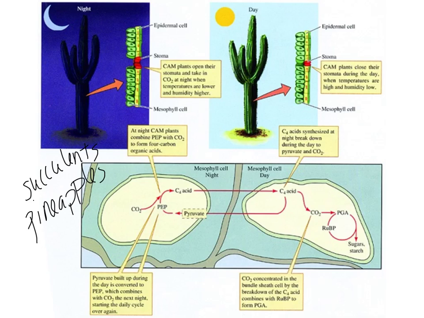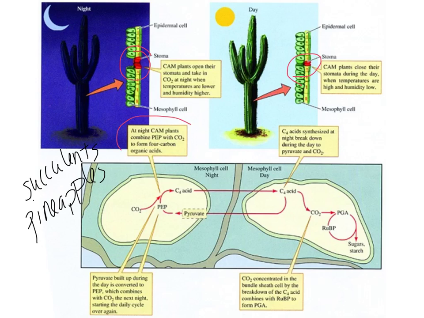So I've got my CAM plants here at nighttime opening up the stomata, allowing CO2 to come in. Humidity's a little higher, temperature's a little lower, they're not as likely to dry out. The CAM plant then closes the stomata in the daytime, but the CO2 was stored.